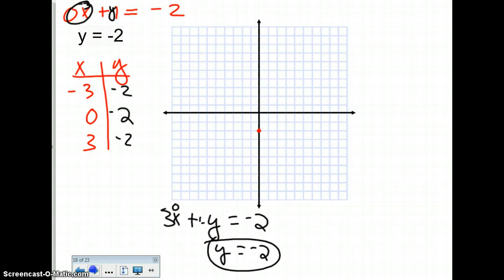So in all of these, I would have a point at -2 going horizontally, and we'd have a line like so. And hopefully we just come to a point where we know that y equals 3 would end up being a horizontal line at 3.